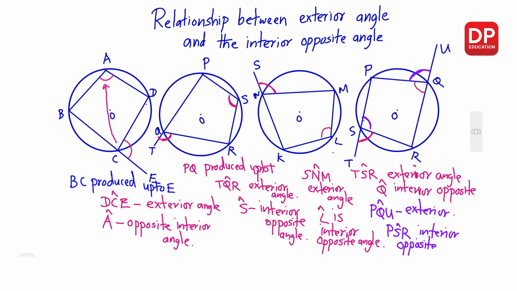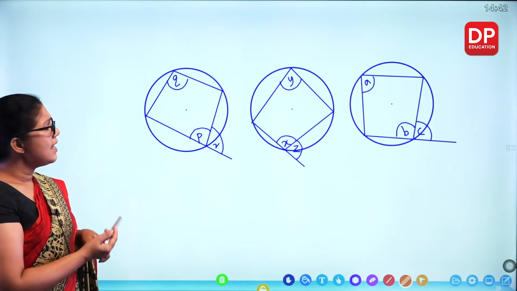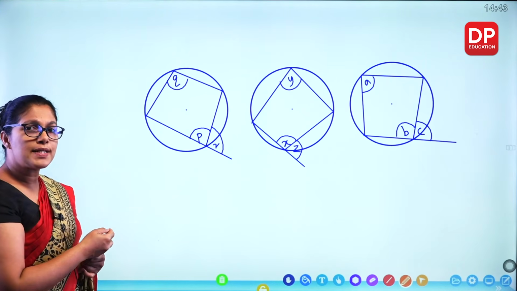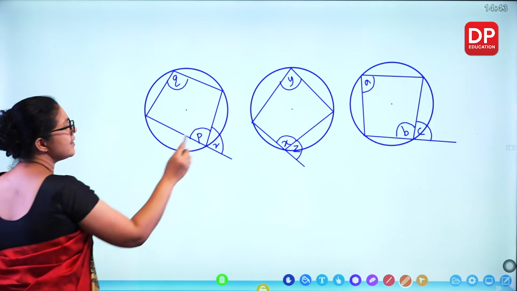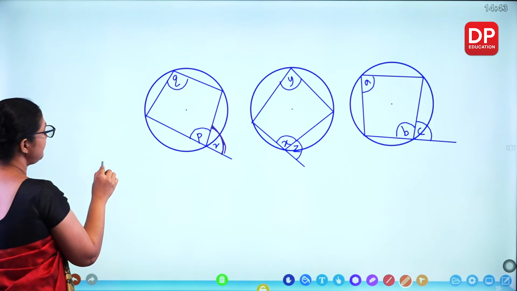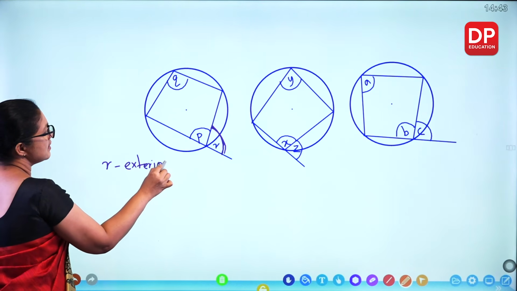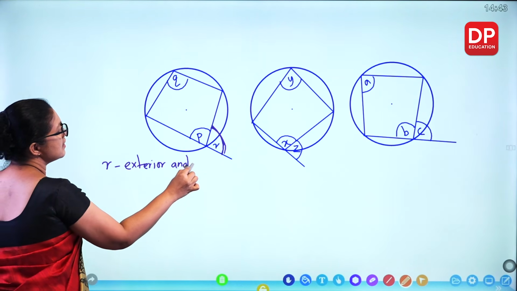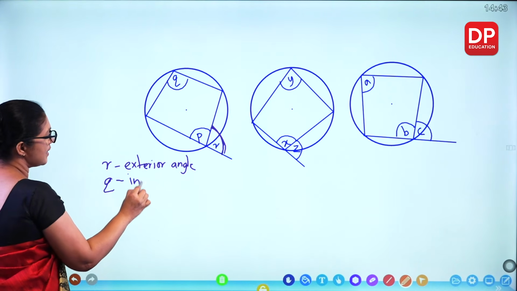Now we'll try to find out the relationship between exterior angle and interior opposite angle. In this case, R is the exterior angle, and Q is the interior opposite angle.